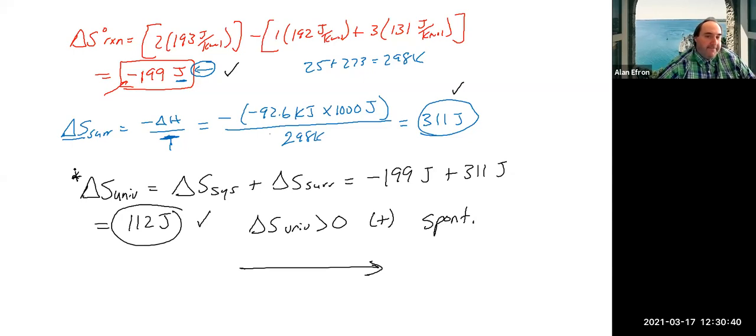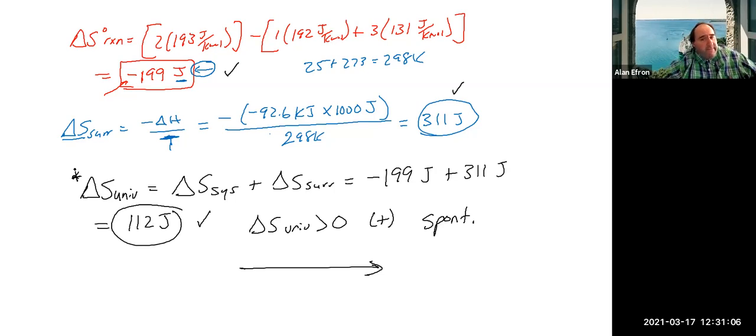Now, this reaction is spontaneous. And again, a reminder that it doesn't mean that this reaction will occur really fast. In fact, this reaction occurs really slowly if you don't use a catalyst, as in the Haber process. Without that catalyst, this reaction takes a very long time. It's not very efficient, but in the presence of a catalyst, you can speed it up and it will occur a lot faster.